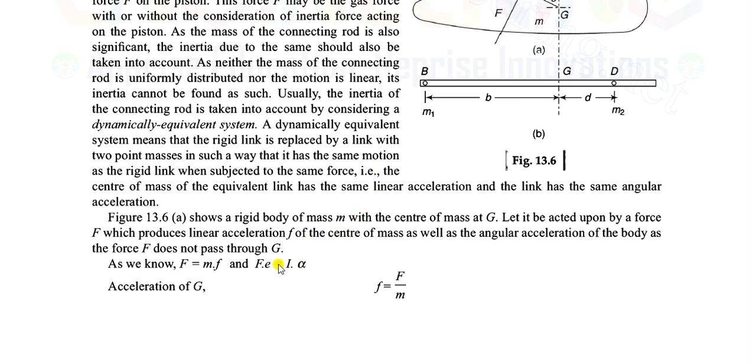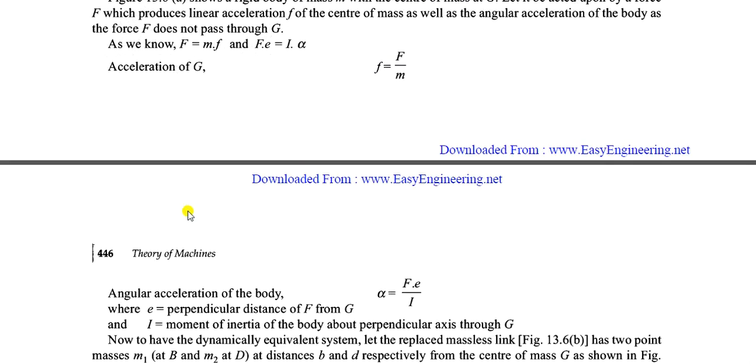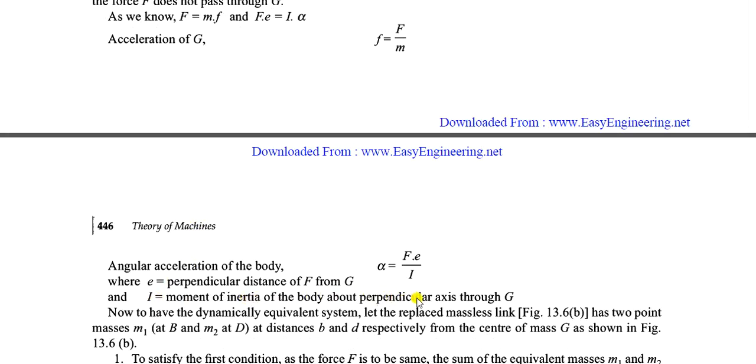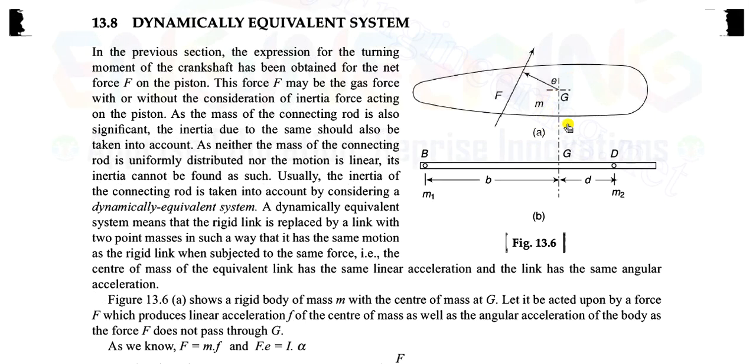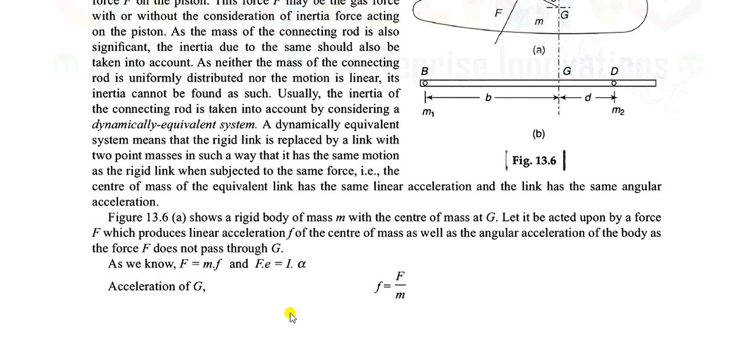Here I is the moment of inertia of the body about a perpendicular axis through G. So this I is the mass moment of inertia about an axis passing through G, and alpha is the angular acceleration. This f is linear acceleration and this alpha is angular acceleration.